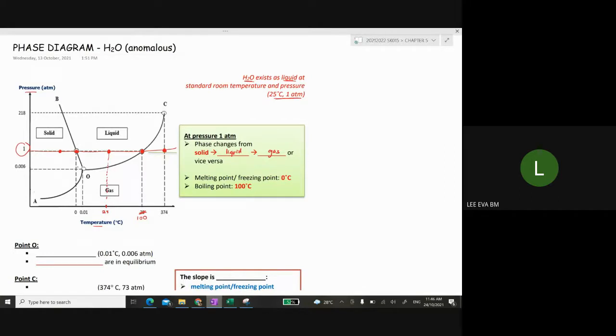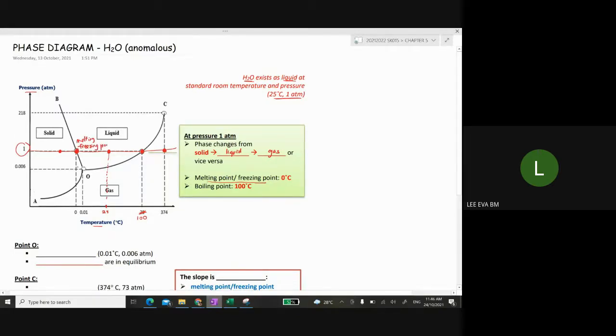You can pass through three phases, rather than with carbon dioxide, where you can only pass solid and gas at 1 atm. We can also say that this is your melting or freezing point of water, H2O, at 1 atm.